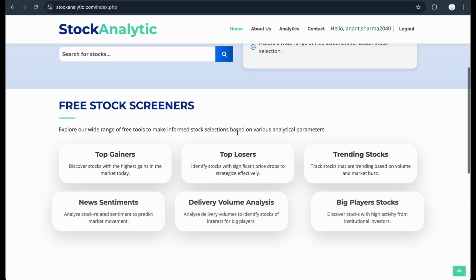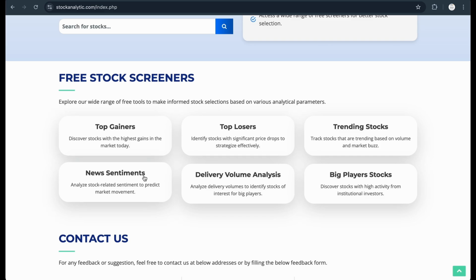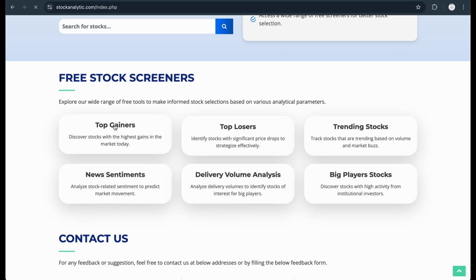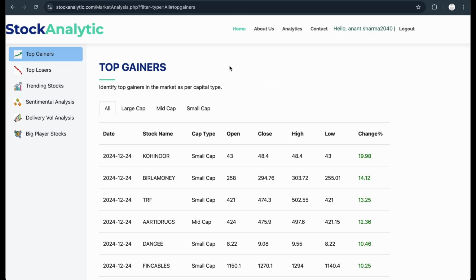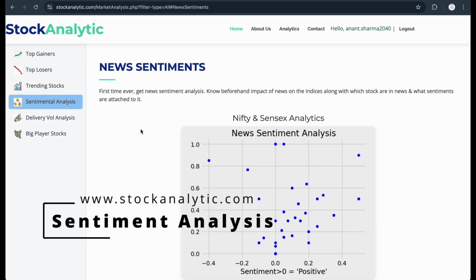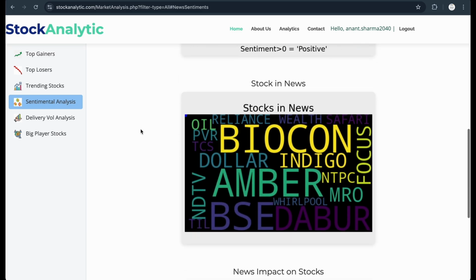But that's just the start. Here are some other free analytics you'll find on the platform. So if I talk about a few, I'll start with top gainers and losers. This will help us to know which stocks are leading or lagging in the market today. One more indicator example is news sentiment analysis. In today's fast-moving world, market sentiment is often driven by news.